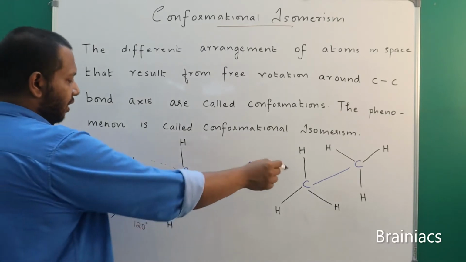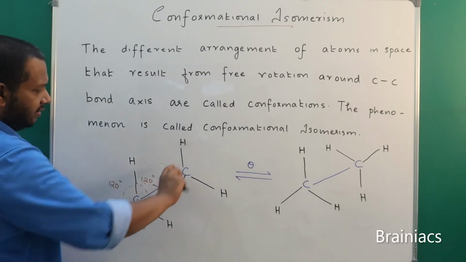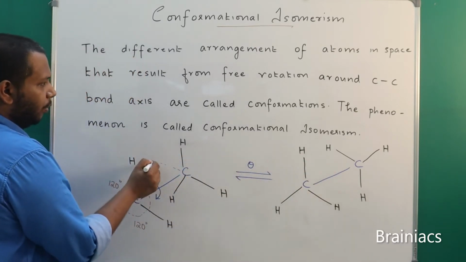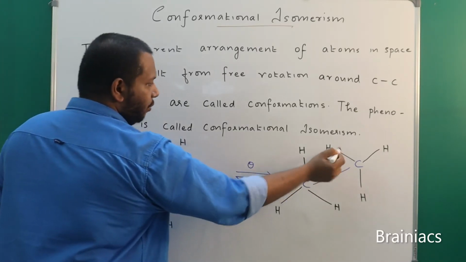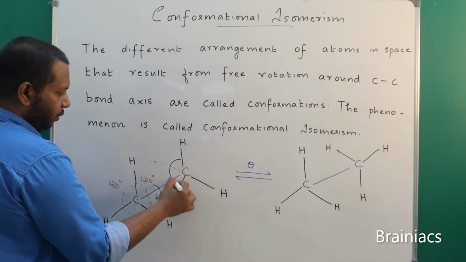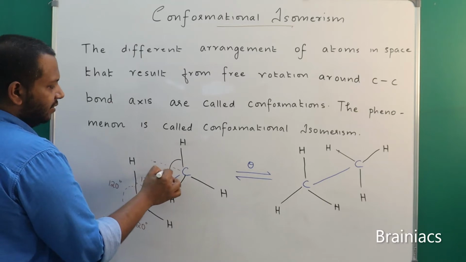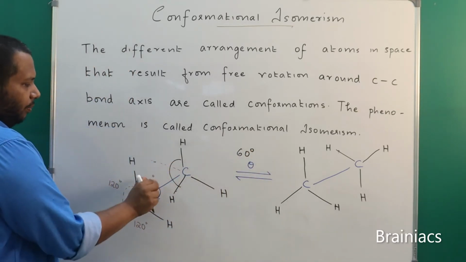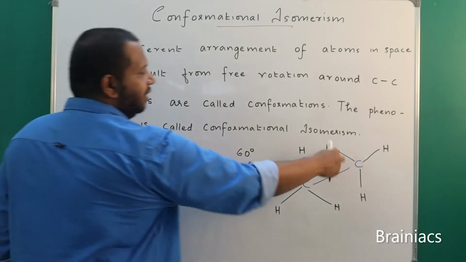Now here you can see this is rotated in such a way that this one will come over here, and this one has come over here. So how much has it rotated? The total is 120, so half of that is 60 degrees.